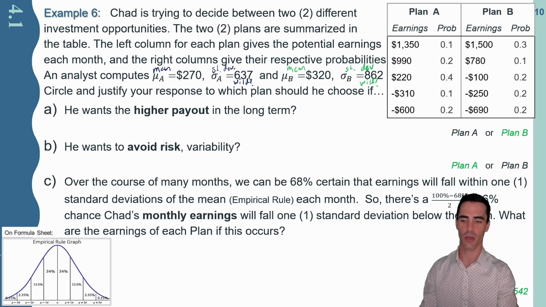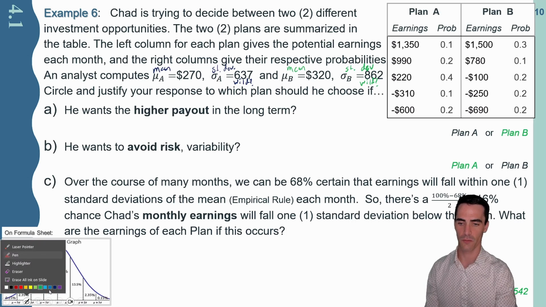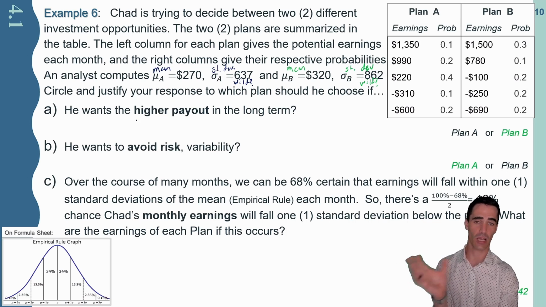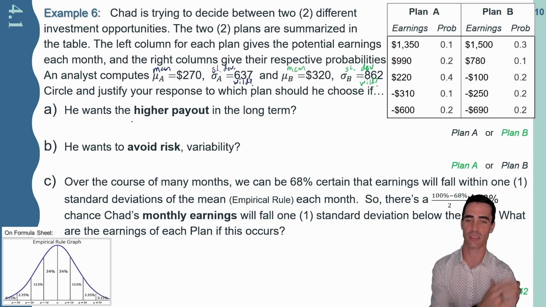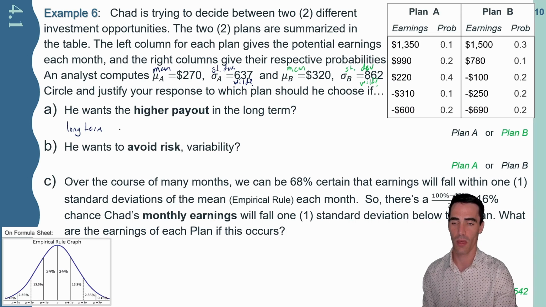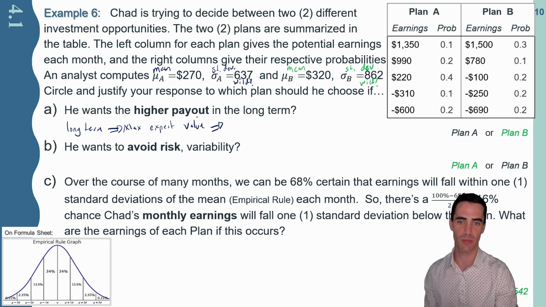It actually depends on what we want. For instance, part A, he wants a higher payout in the long term. This higher payout means, hey, look, I'm in it for the long haul. I'll hold as long as I need to hold. I want the most money. Well, that means in the long term, I want to get a maximum expected value. Whenever you hear expected value, it should be sending some bells off. Expected value just refers to a mean.